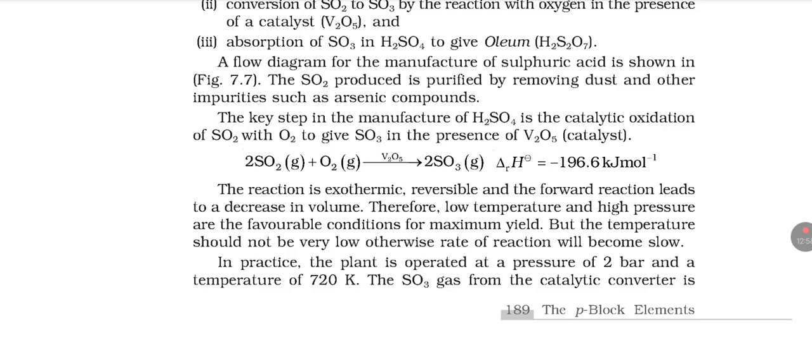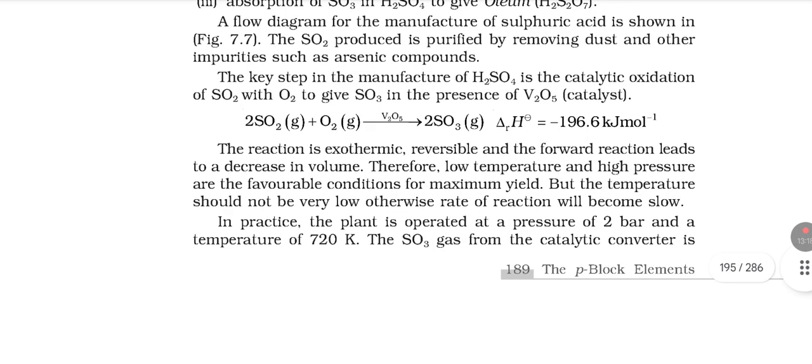The SO2 produced is purified by removing dust and other impurities such as arsenic compounds. The key step in the manufacture of H2SO4 is the catalytic oxidation of SO2 with O2 to give SO3 in the presence of V2O5.